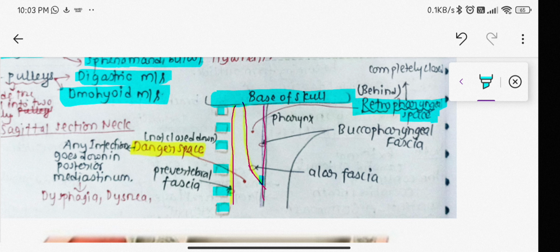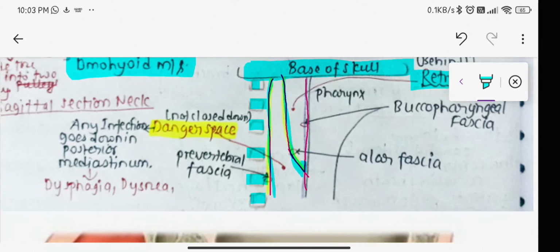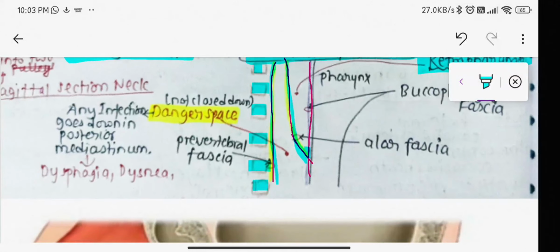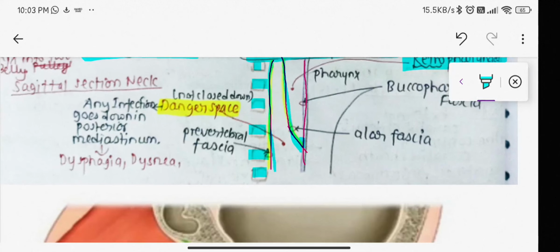But the next space, formed by the alar fascia and the prevertebral fascia, is known as the danger space. Why is it called the danger space? Because this space is open downside, and it reaches up to the mediastinum, the posterior mediastinum. So any infection arising from this region may spread up to the mediastinum, to the structures present there.